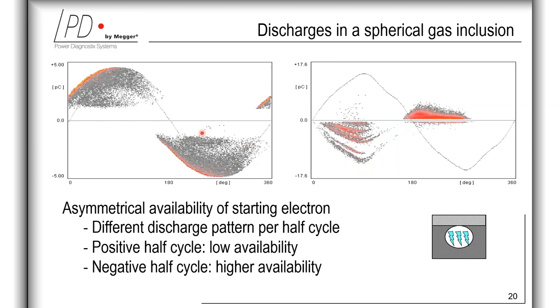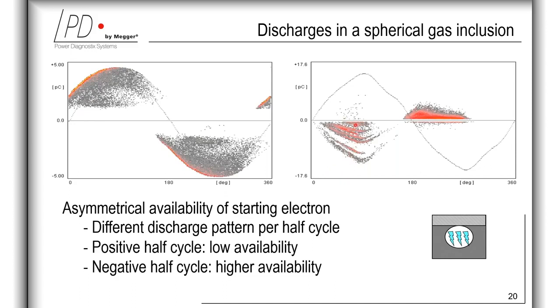The symmetrical pattern on the left belongs to an epoxy resin with a single void with average charge generation. However, this asymmetrical pattern on the right-hand side is an example of multiple voids. Here we do have up to 10 gas inclusions, which you can also separate visually on the positive half cycle due to the higher amplitude.